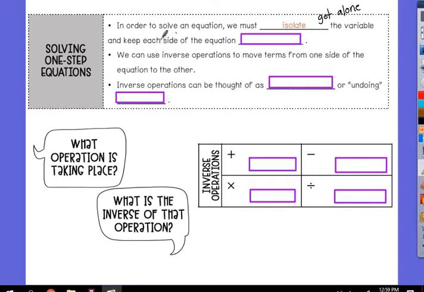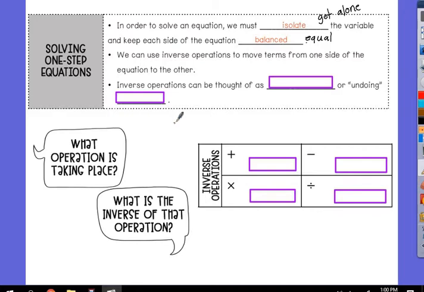And we're going to keep each side of the equations balanced or equal. We can use inverse operation to move terms from one side of the equation to the other.